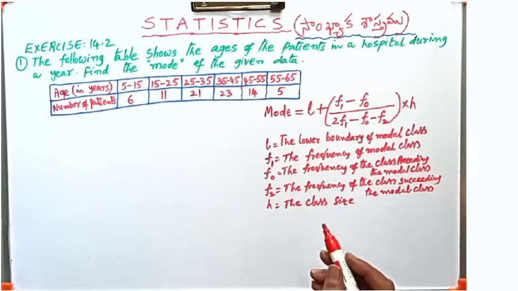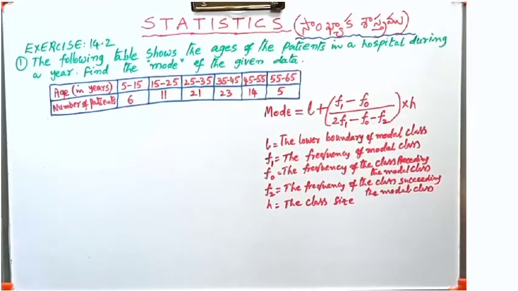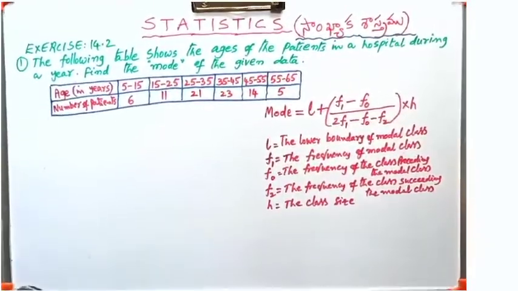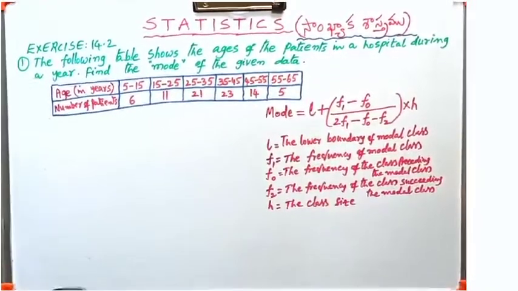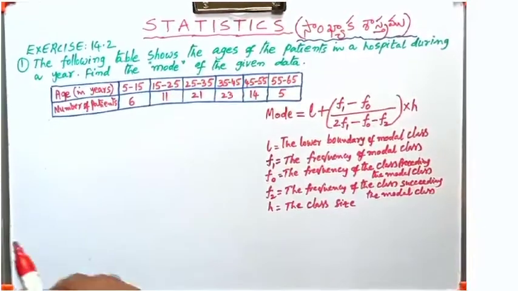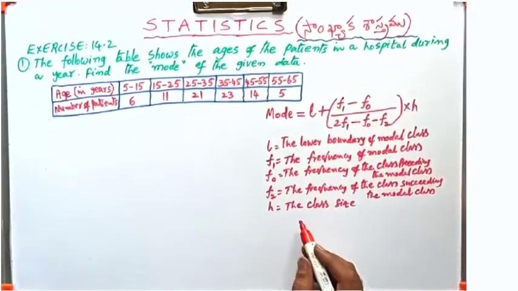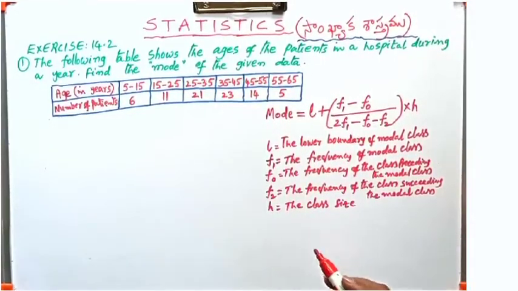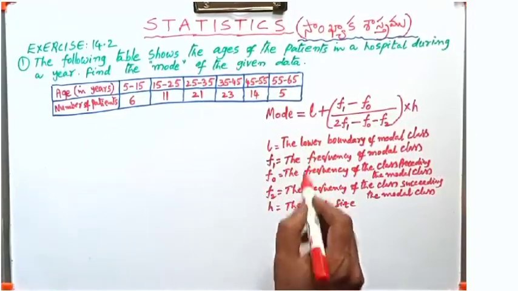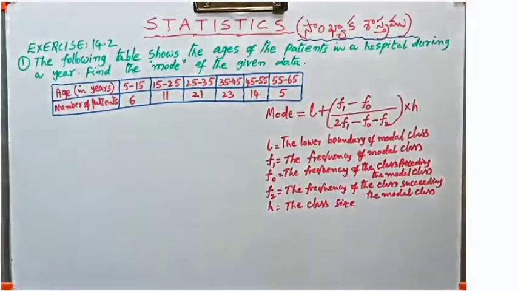What is the modal class? The class with the highest frequency is the modal class. So now, according to these terms, first we have to draw the table like this.